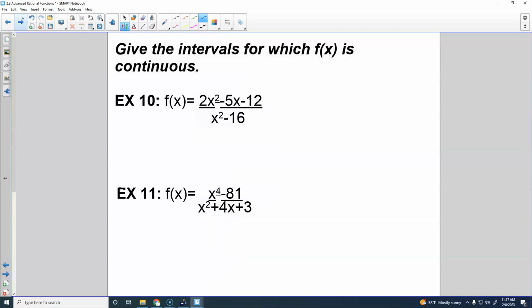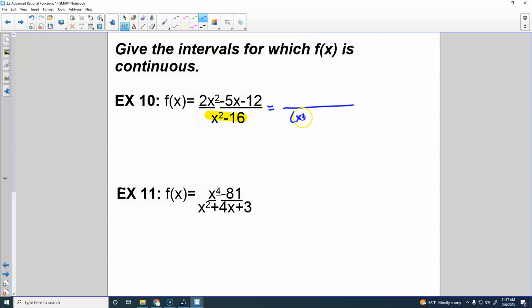Okay. Another way they're going to ask this question, rather than saying, is this continuous on this interval, they're going to tell you to tell the intervals where it's continuous. So when you see these problems, again, you really only care about the denominator. The denominator is all that you care about. You can factor that denominator if you want.